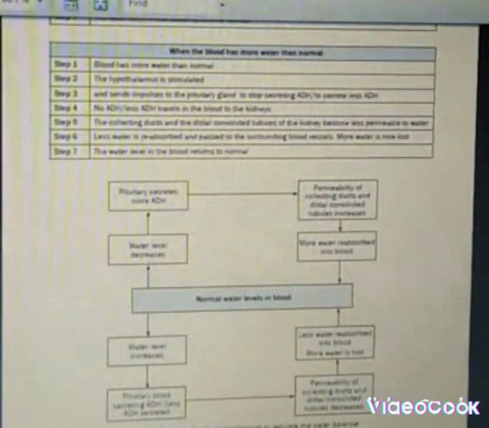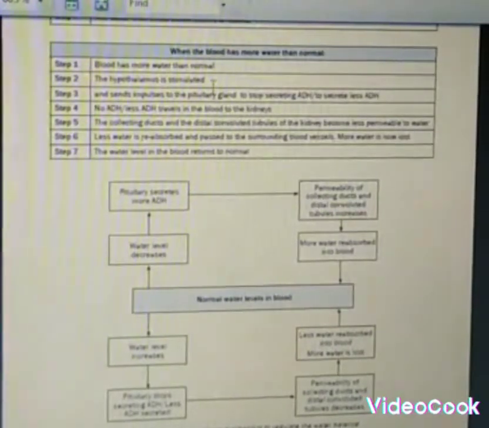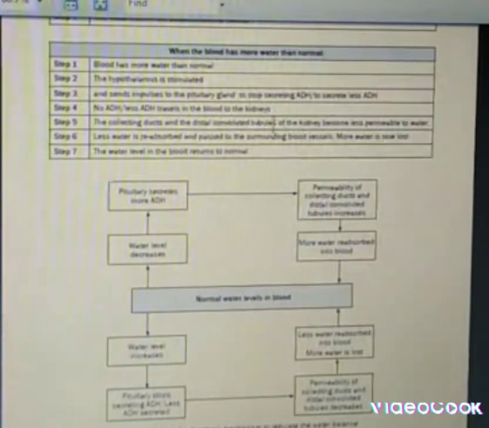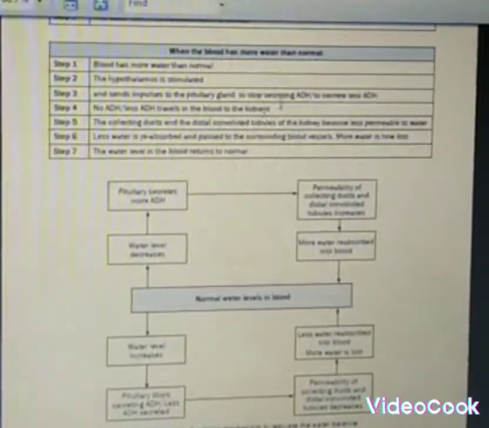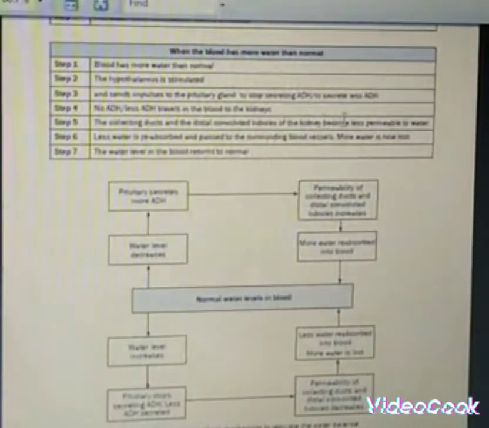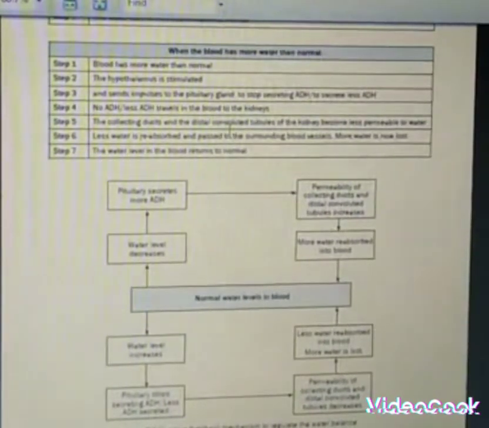And then we move on to cases when your blood has more than normal water levels. The hypothalamus is stimulated again, and it sends impulses to the pituitary gland. What the pituitary gland does this time is stop secreting the ADH, or it starts to secrete less and less ADH. So when we have less ADH, the antidiuretic hormone, it simply means that our kidneys are not going to be permeable.